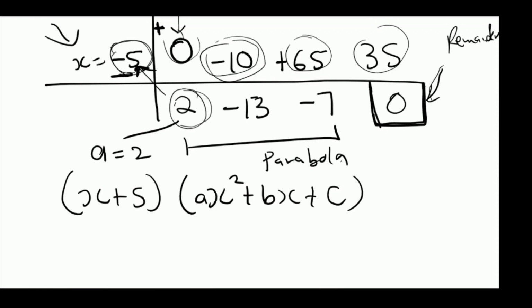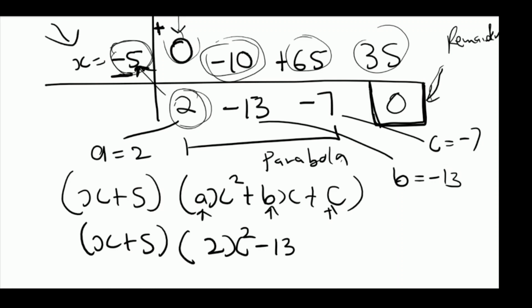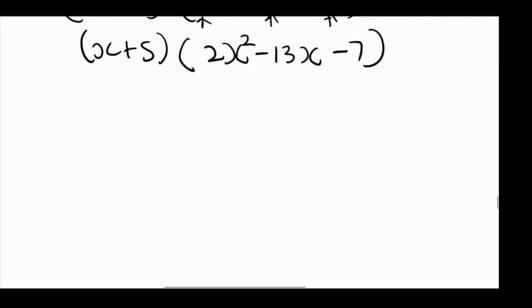A equals 2, and this 13 is your b. B equals minus 13, and your c equals minus 7. So you're just going to substitute here all these values that I just mentioned. So you're going to have x plus 5, and our a is 2, so it's going to be 2x squared. Our b is minus 13, so it's minus 13x, and our c is minus 7. So that is your expression there.